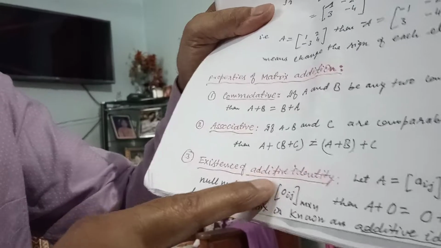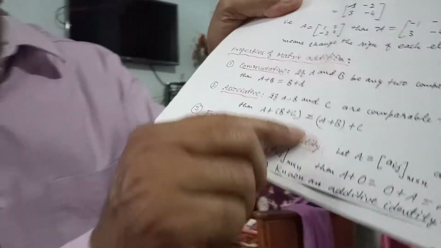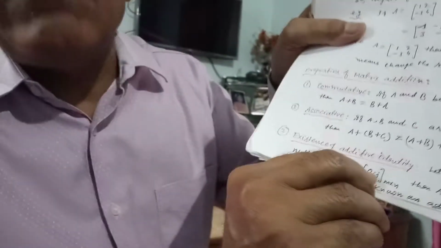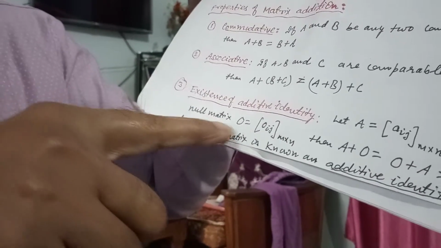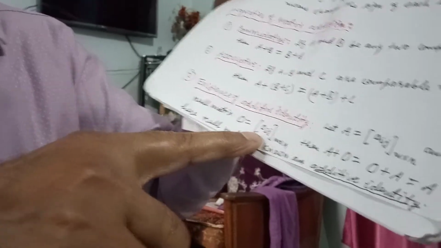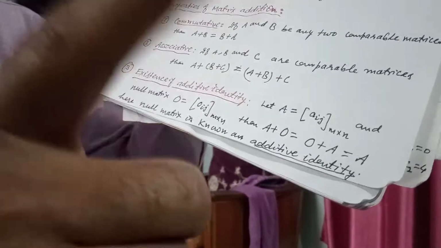Now the existence of additive identity. Suppose you are given a matrix A whose elements are Aij of order m cross n, and you take the null matrix O whose elements are 0ij of order m cross n, and you find the addition of these 2 matrices.